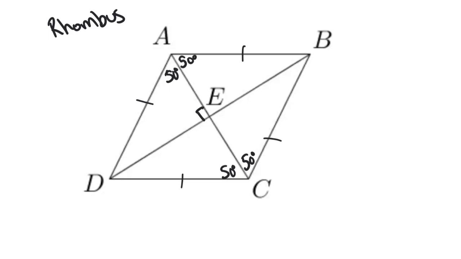All right. And parallelograms, I know that consecutive angles are supplementary. So if this whole angle is 100 degrees, this whole angle has to be 80 degrees. So I end up having 40 degrees here, 40 degrees there.